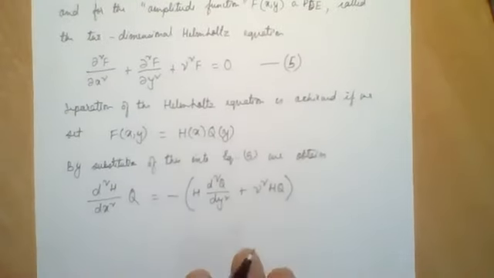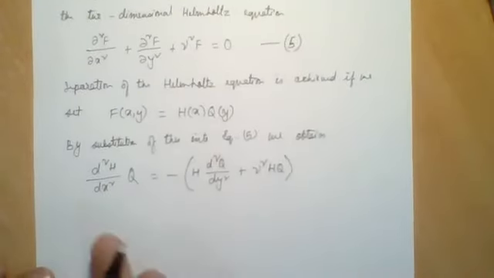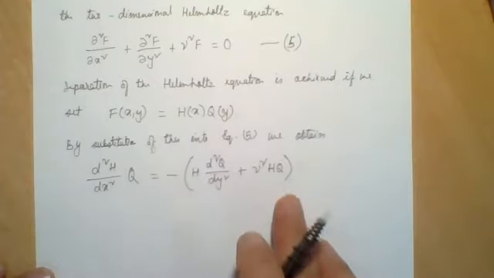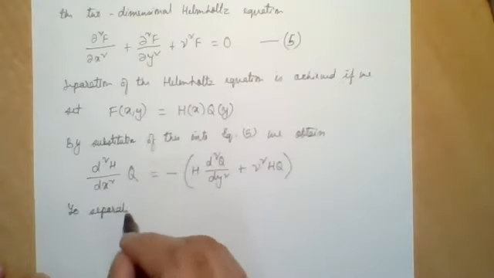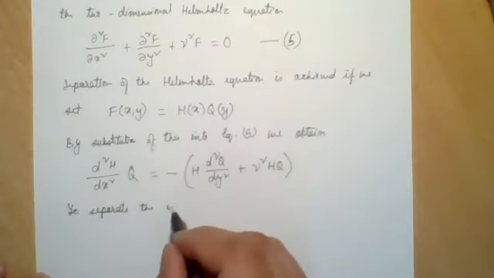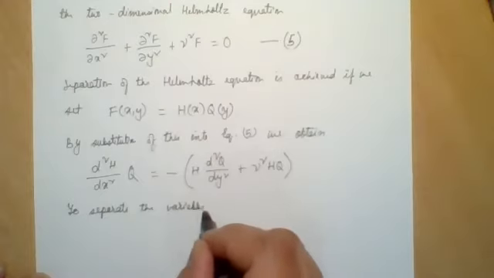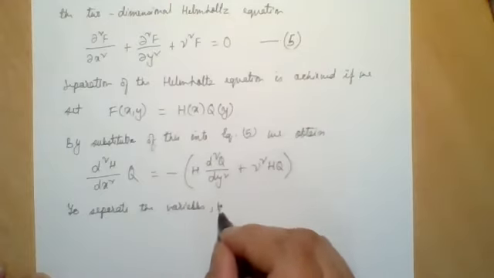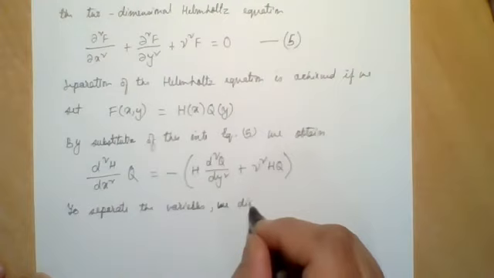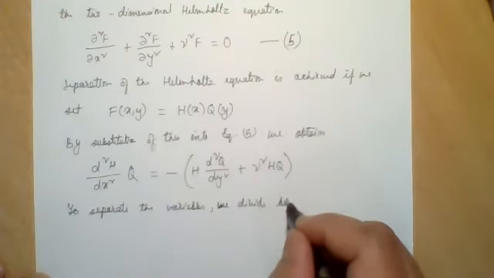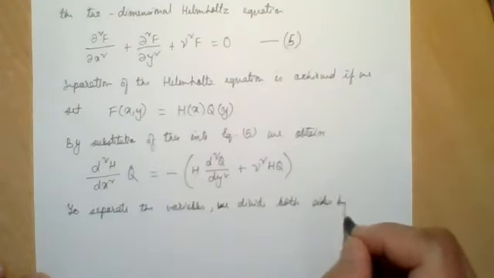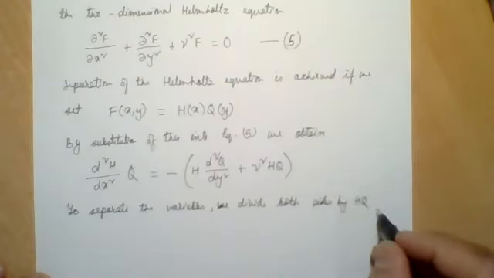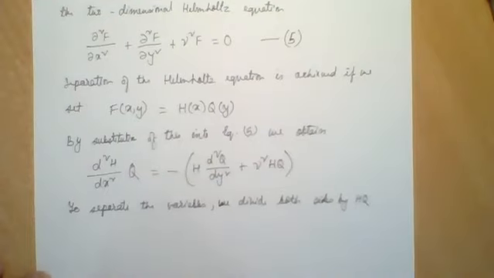Okay, so to separate the variables, next what do we do? We divide both sides by hq. And what do we get?